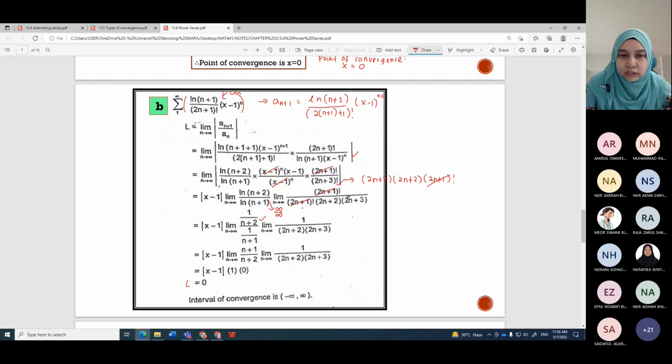Okay, untuk yang ni. Differentiate ni 1 over infinity is 0. 1 over infinity. Okay, ni awak ni lah.